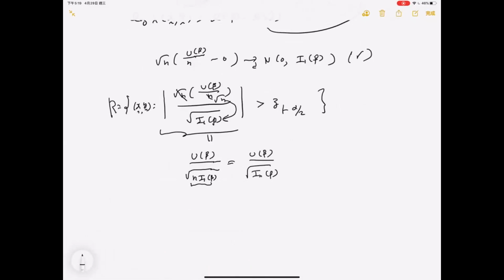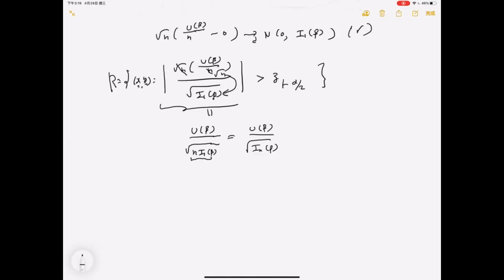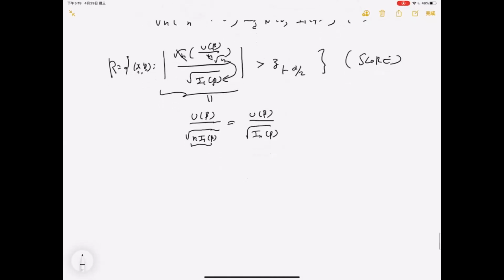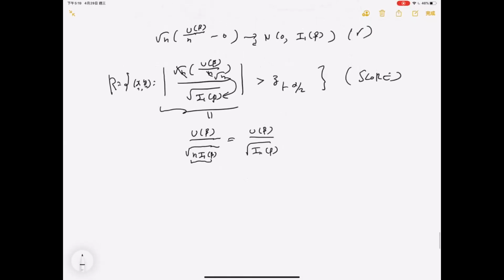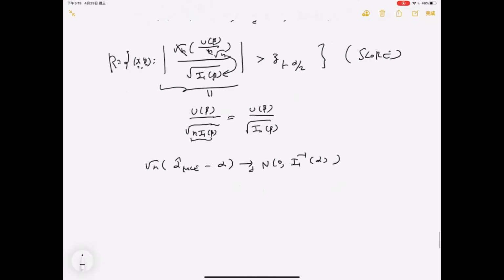Okay, so this is a score test, right? And how about the Wald type test? Wald type test using the property of MLE. This is the inverse right now. So right here, since I say the null hypothesis alpha is beta, alpha is beta based on the null hypothesis.